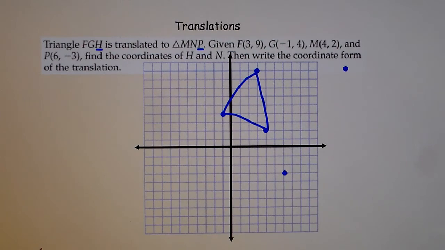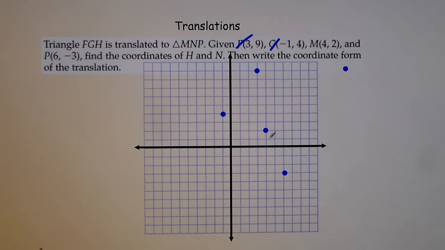Oh, pardon me. They really didn't make this tougher, as far as presentation, okay. So, everything matches up. So, F, G, and H go together. And then M, N, and P. M is 4, 2.